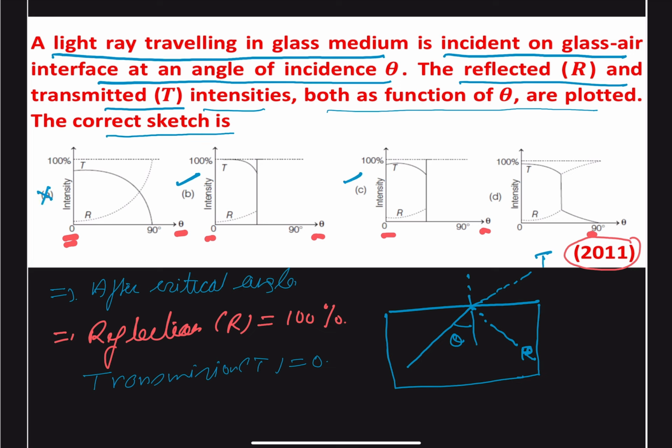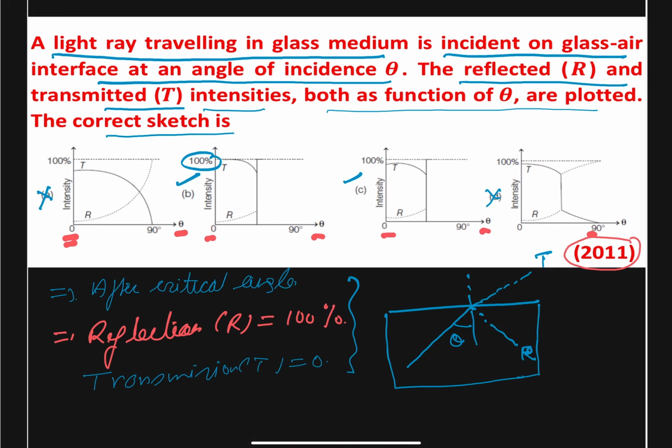And in option number B it states that there will be a 100% transmission at 0 degree. So let us analyze option number B, which states that at 0 we are going to have a 100% transmission.